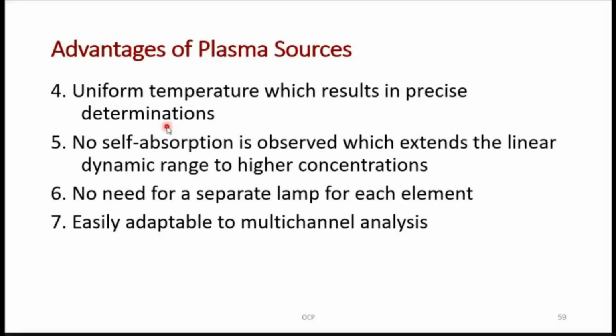Next, uniform temperature, which results in precise illumination. Unlike flame, there is no flickering. So if you select a region of the plasma, it is more probable that it will maintain its temperature, provided you maintain the argon flow at a constant rate. No self-absorption is observed, which extends the linear dynamic range to higher concentration.